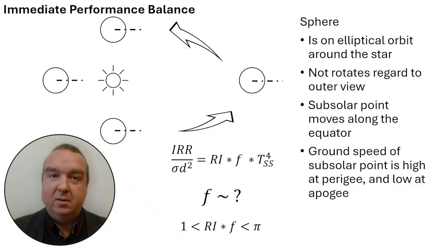So I added the square of the distance between the star and the body. And as we know, the orbital speed of the object is not constant, so if we think that the sphere does not rotate with regard to the outer view, then the ground speed of the subsolar point is not going to be constant, but it will be high at perigee and low at apogee.